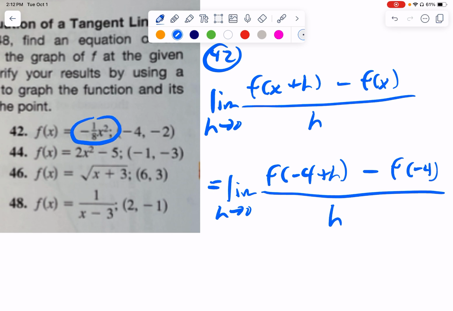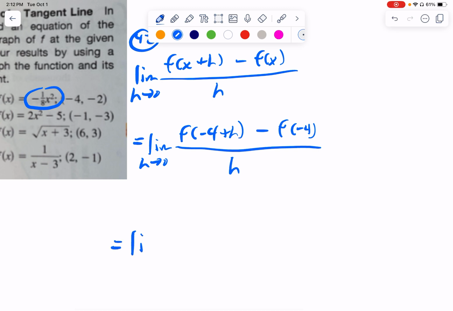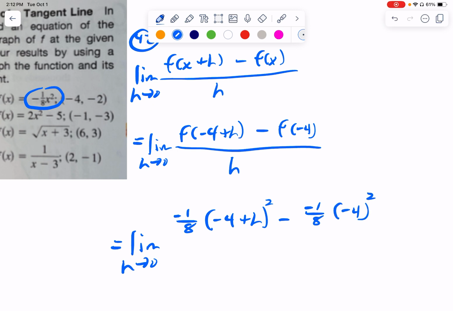My rule here is -1/8 times input squared. So -1/8 times this input squared minus -1/8 times this input squared.